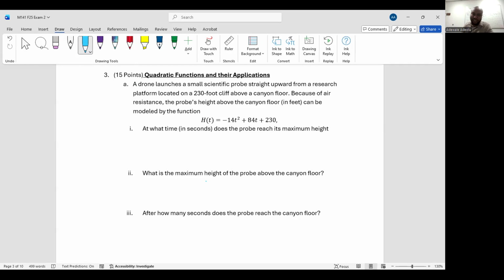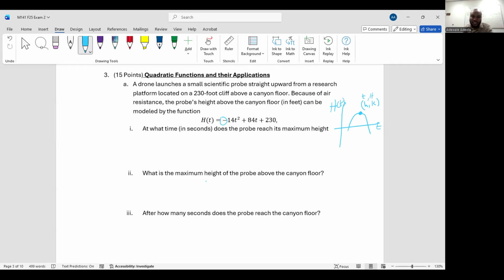At what time in seconds does the probe reach its maximum height? We know this is negative, so we know the behavior. It should behave this way. So we have the maximum somewhere here, and we can find the vertex. Since we are plotting h(t), the height depends on time, meaning the input is t and the output is h.